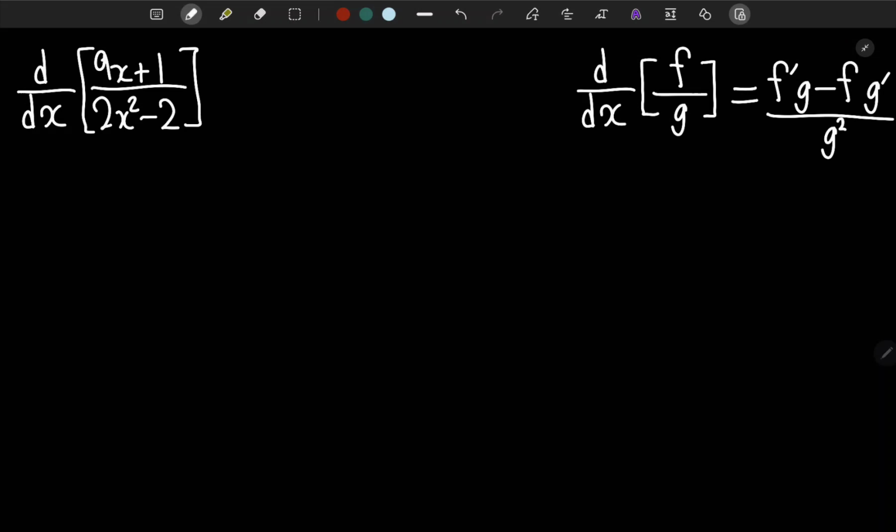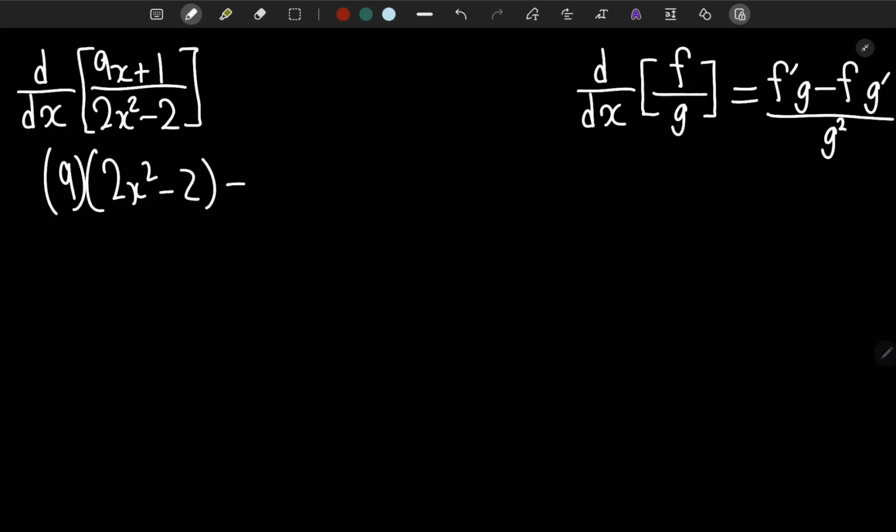So go ahead and try this example. So f is going to be the numerator and g is going to be the denominator as always, and f prime g is going to be, f prime is going to be 9, open brackets, close brackets, and g is going to stay the same. And I wrote the formula on the top right just to remind you guys, and we'll take some time to memorize it.